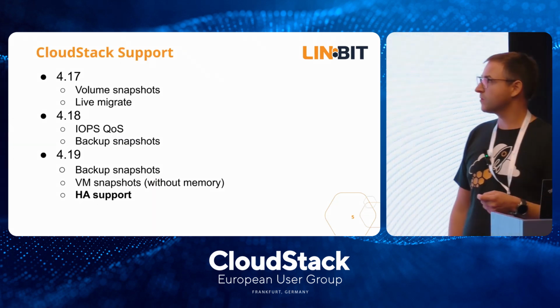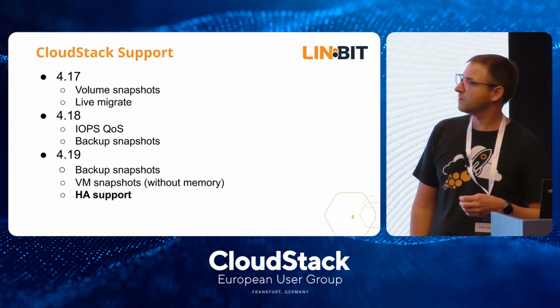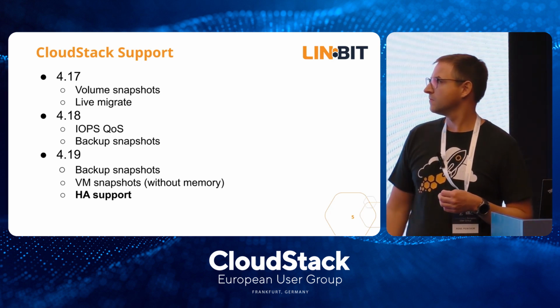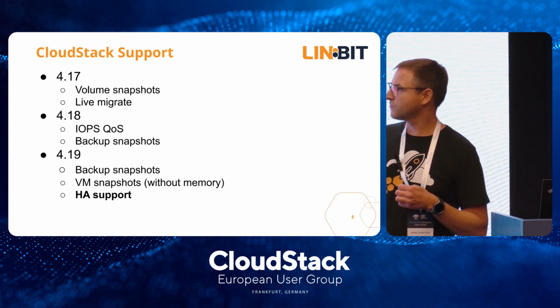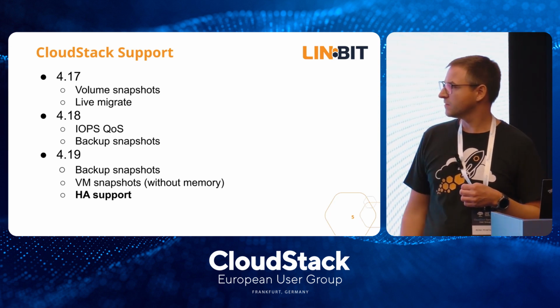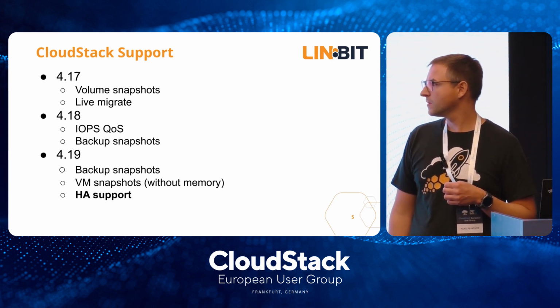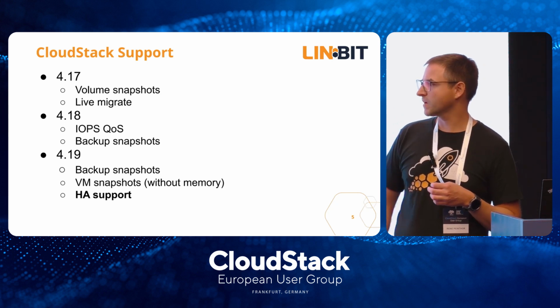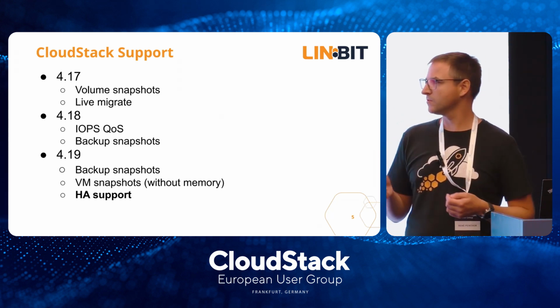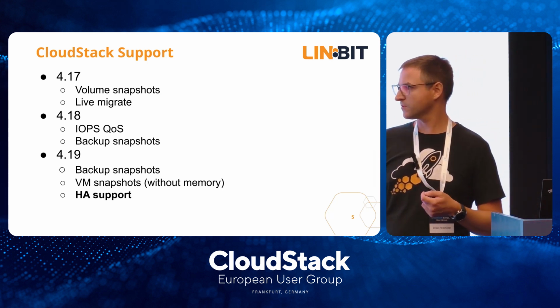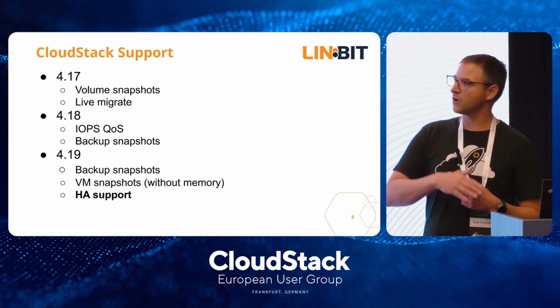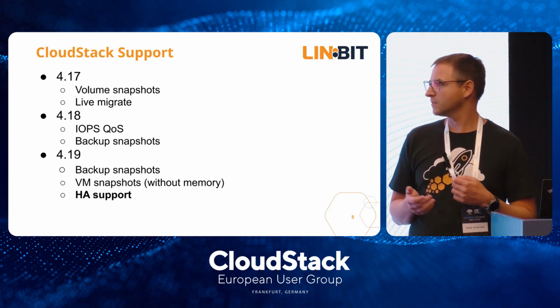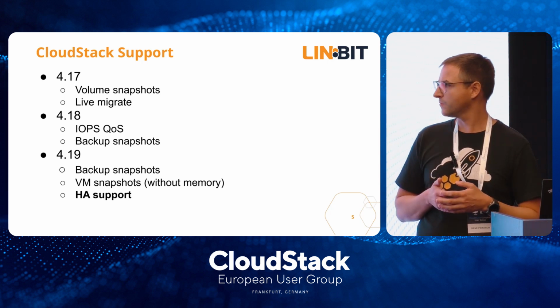CloudStack support started in version 4.17 with volume snapshots and live migrate. Then in 4.18, we also added IOPS support and backup snapshots, a mode which is also the default, so that snapshots you take in CloudStack will be copied over to the secondary storage. You can turn that on or off.